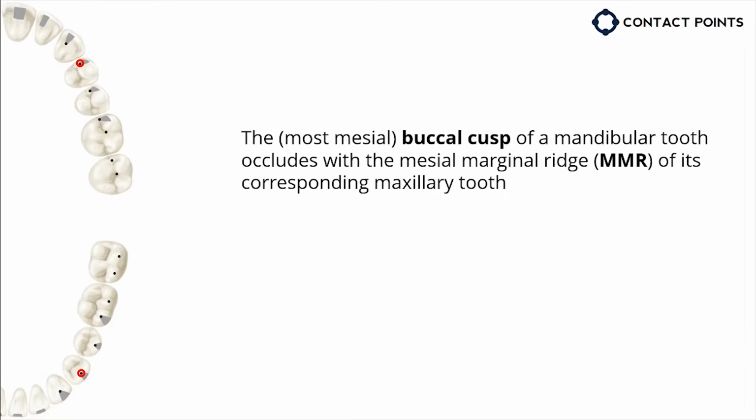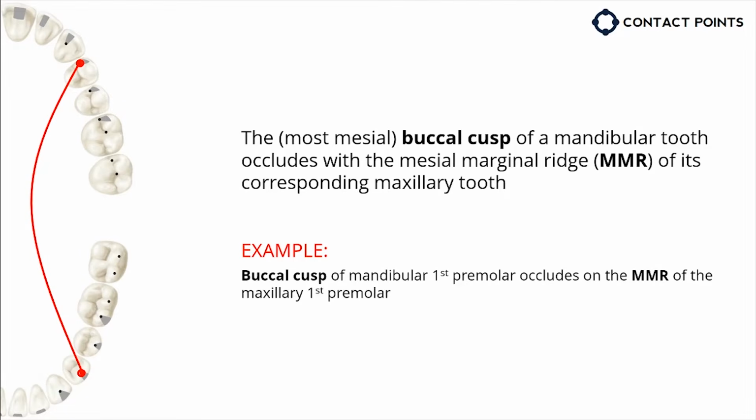As an example, we're going to trace this tooth here, which is the buccal cusp of the mandibular first premolar, and if we were to trace this out, it's going to occlude with the mesial marginal ridge of the corresponding maxillary tooth. If you have your typodonts and you want to map this out and trace it out, you can close them and simulate that movement so that you can see exactly where they hit. You want to visualize that in real life.